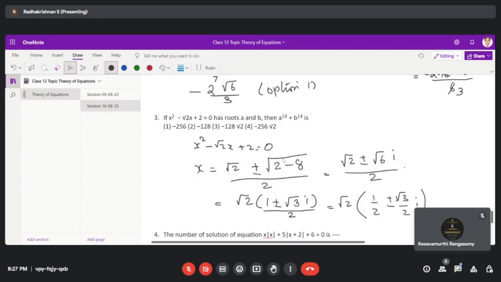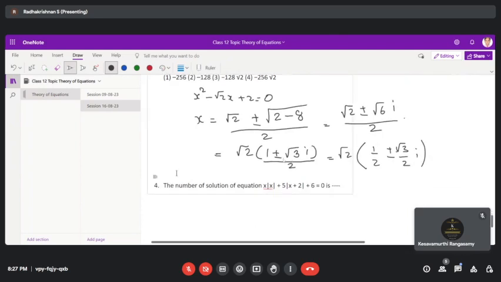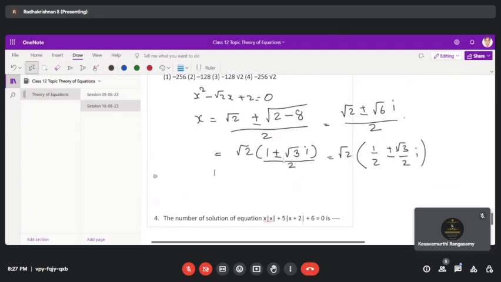Always we see this combination, half and root 3 by 2. Most of the complex problems you will see this very often, half and root 3 by 2. So what is half and what is root 3 by 2?